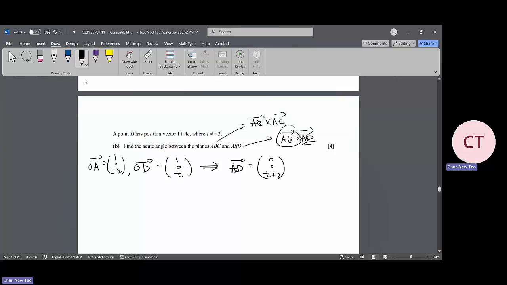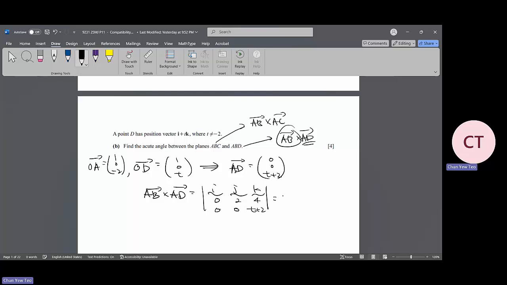Okay. So I just need to take AB cross with AD. Just now AB was 0, 2, 4. Then AD is 0, 0, D plus 2.